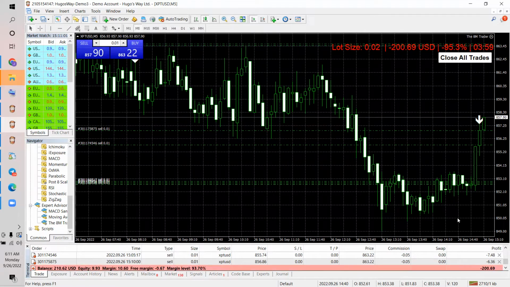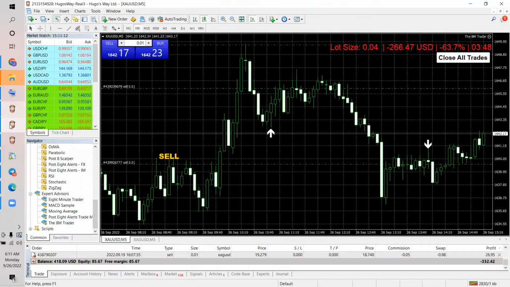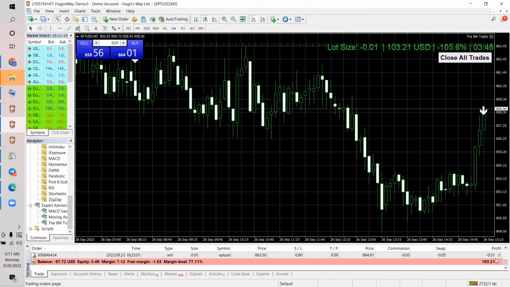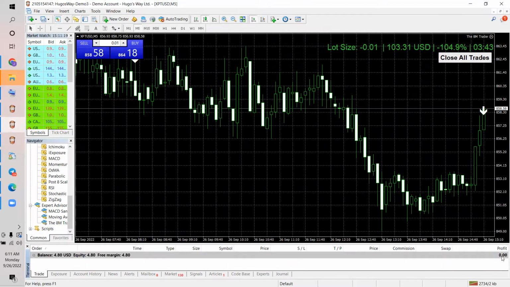And again, that's going to look different for, okay, so as we can tell, I'm going to close all these trades right here, right? Oh, wait, no, I can't do that because I don't have my auto trading button on. But okay, so let's go ahead and close all these trades.